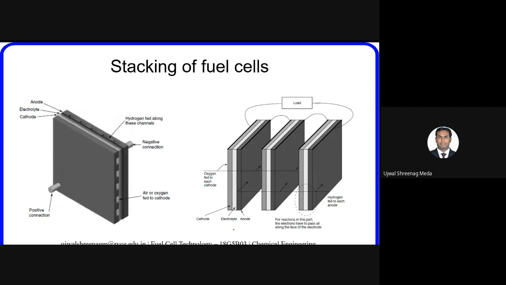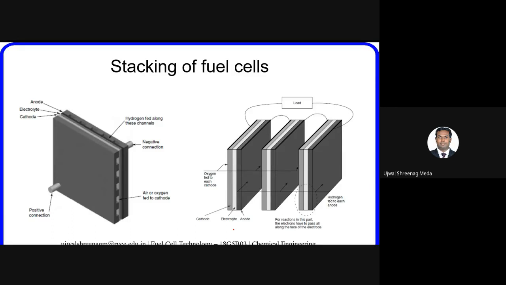So the electricity that can be generated from one such fuel cell is very little. In order to power devices, or to draw more current from a fuel cell, one fuel cell may not be enough.